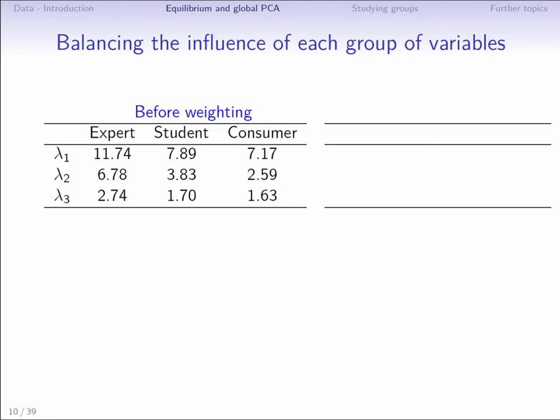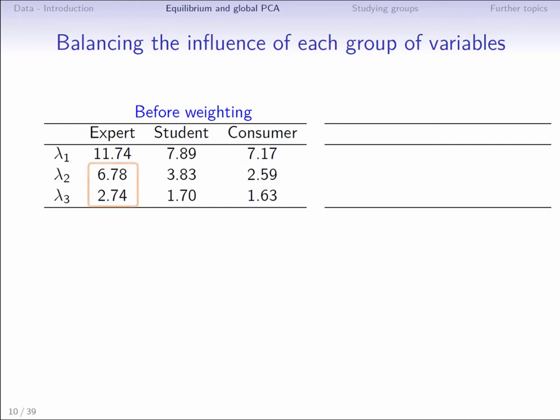For our wine dataset, the PCAs constructed on the data of each jury give the following eigenvalues. The first eigenvalue of the jury of experts, equal to 11.74, is greater than the first eigenvalues of the student and consumers juries. This can be explained by the fact that a greater number of descriptors were evaluated by the jury of experts.